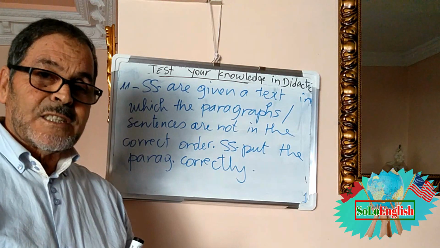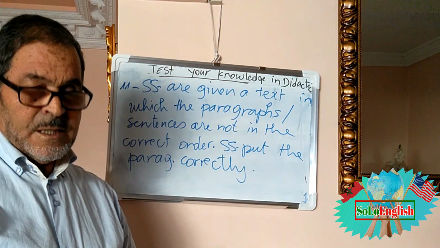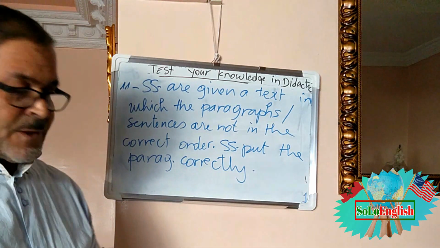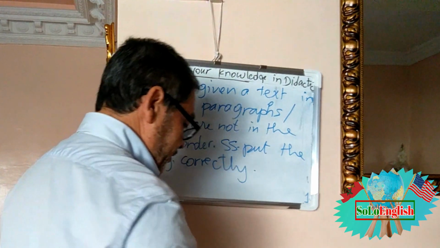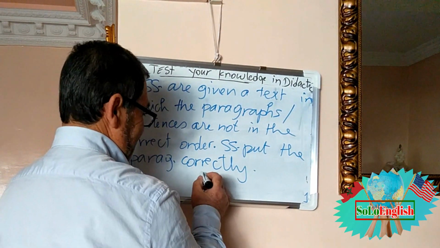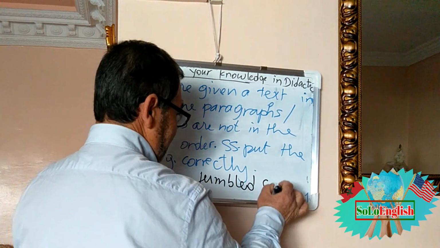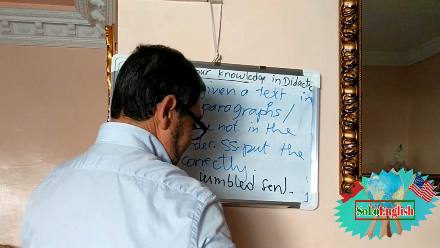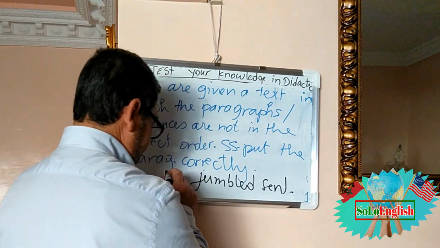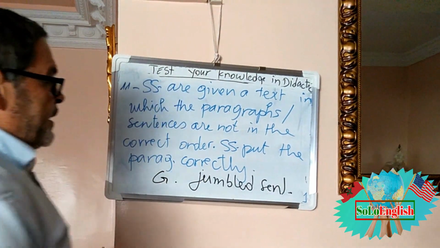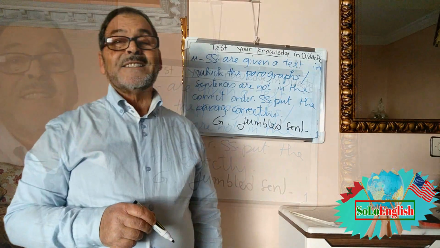They are in disorder when we put them in the correct order. So what do we call this? We call it jumbled sentences. Jumbled sentences. This is the answer. It is J.